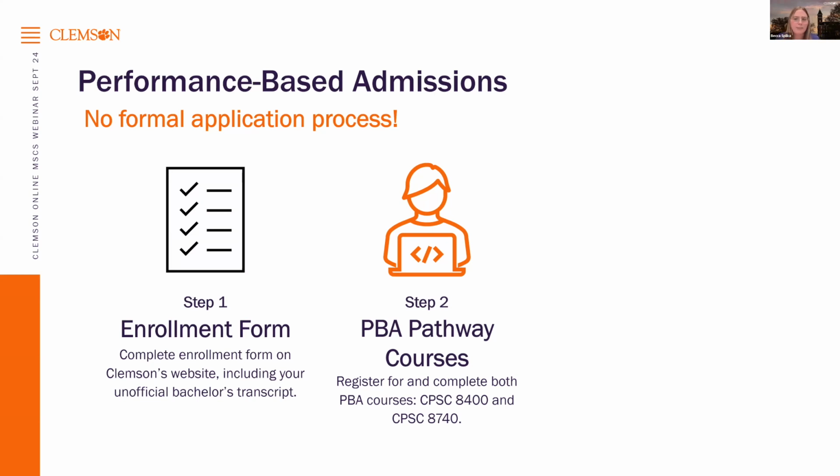I do want to mention, I don't have this linked on this slideshow anywhere, but it is on our website as well. The tuition process is pay as you go. You will pay for the PBA courses when you enroll, and usually the payment deadlines are a few weeks before the start of class.